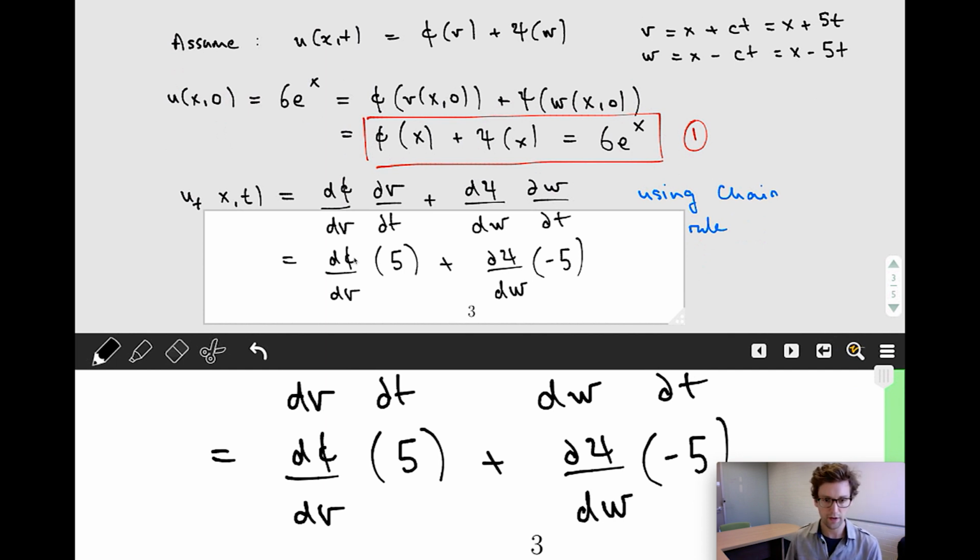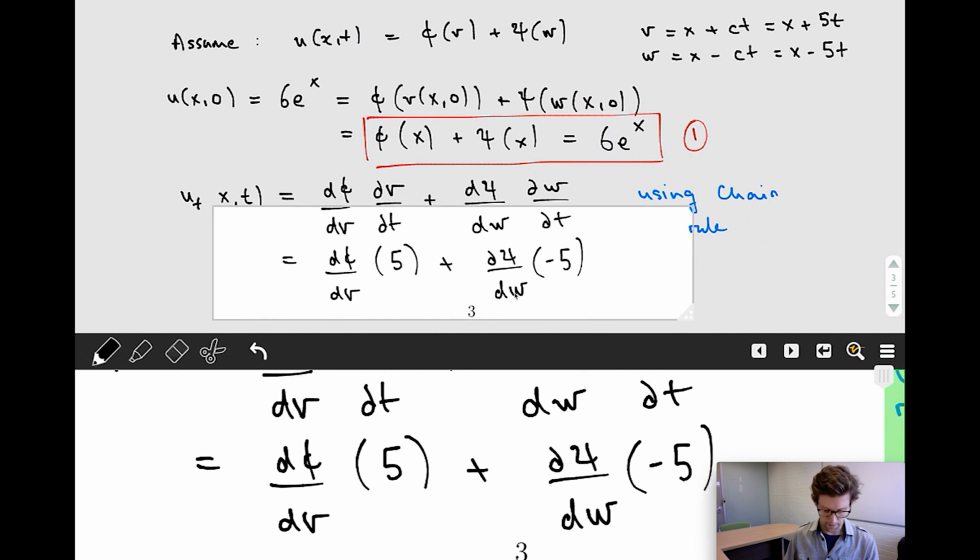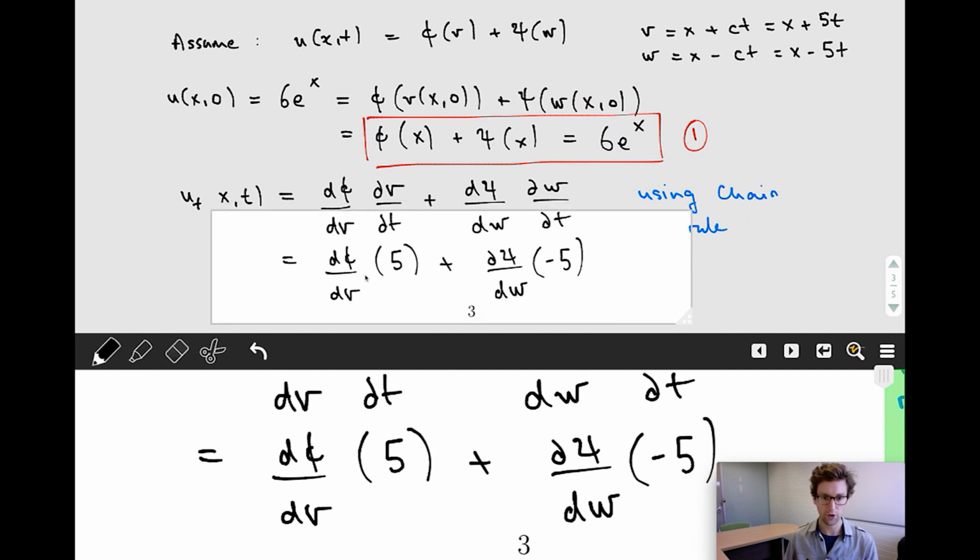Now notice here that I've got the derivative of phi with respect to v, and I've got the derivative of psi with respect to w. So I've actually got the derivative of a function of one variable with respect to its variable, and I've got the derivative here of a function of one variable with respect to its variable.